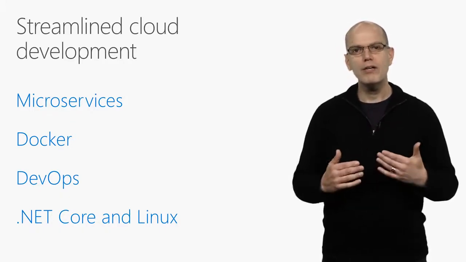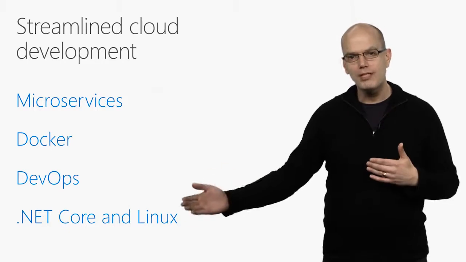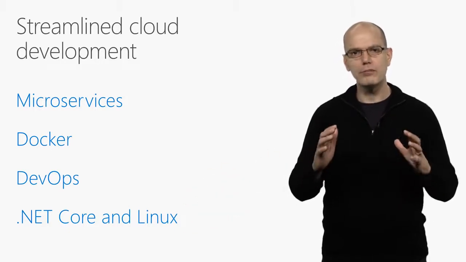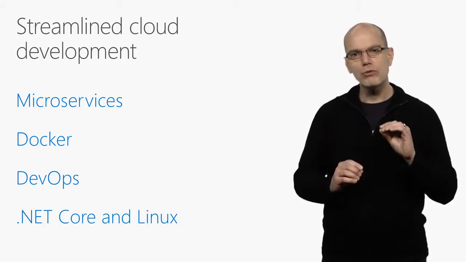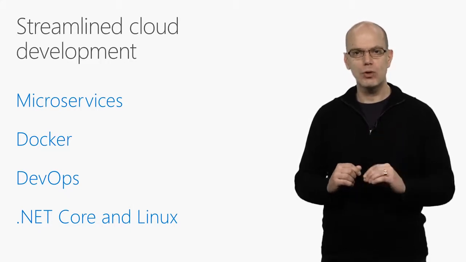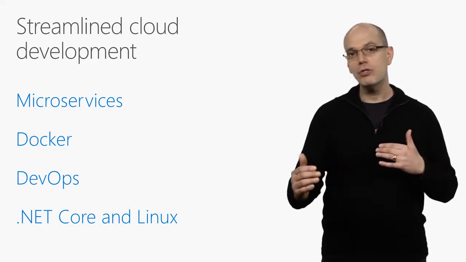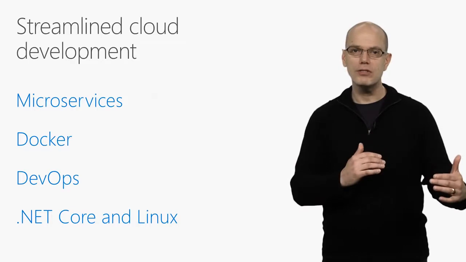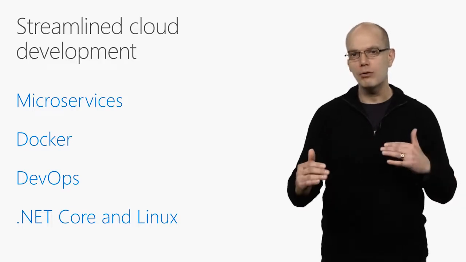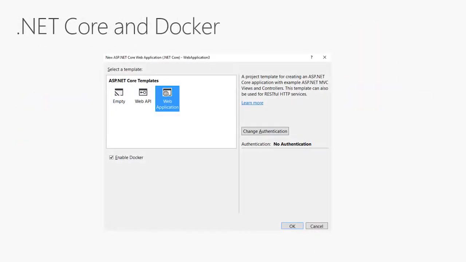It also includes integrated tooling to package your applications into Docker containers and to deploy them to the cloud. And Visual Studio 2017 improves DevOps workflows, from better Git-based version control to much simpler experiences to create continuous integration and continuous deployment pipelines.